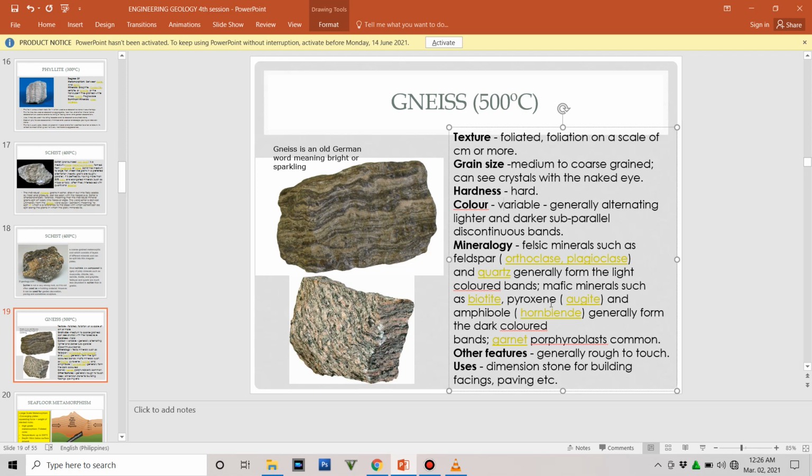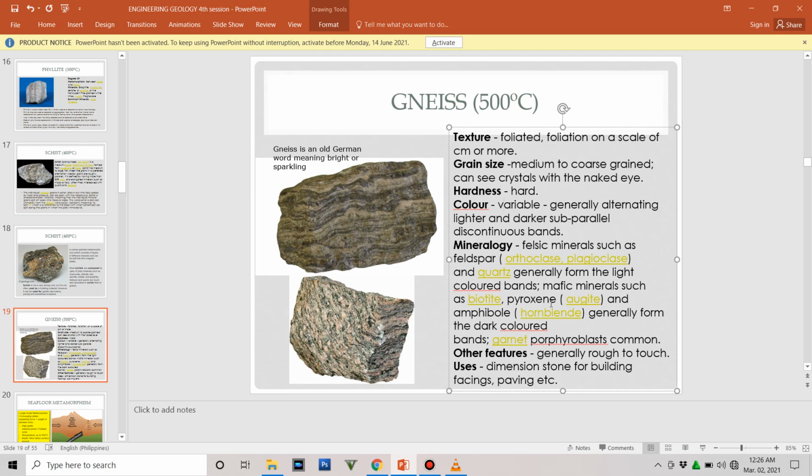So the mineral contents are felsic minerals such as feldspar and quartz. So yung quartz, generally, yun yung nag-form ng light-colored bands. Mafic minerals such as biotite, pyroxene, and amphibole generally form the dark-colored bands.